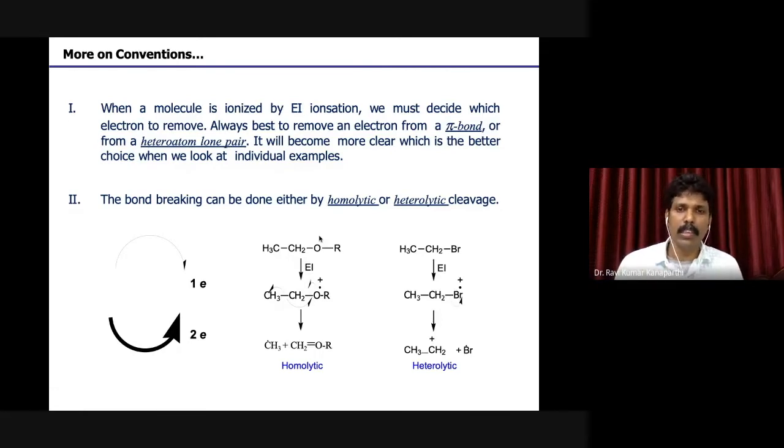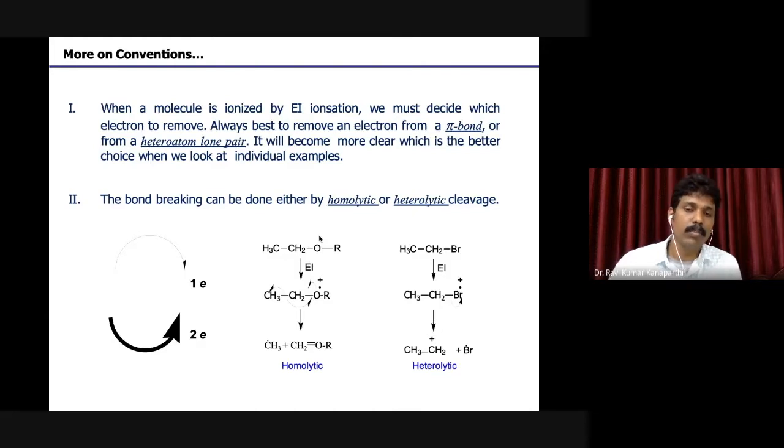Another thing is that bond breaking can be shown in two ways: homolytic cleavage and heterolytic cleavage. Homolytic cleavage means only one electron is shifted, which is the half-hook notation. If you show the double hook, the full arrow, then two electrons are moving.